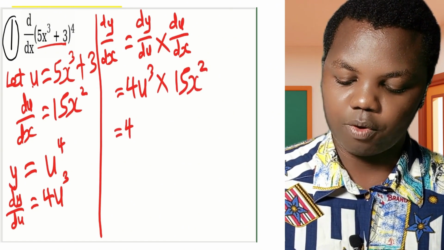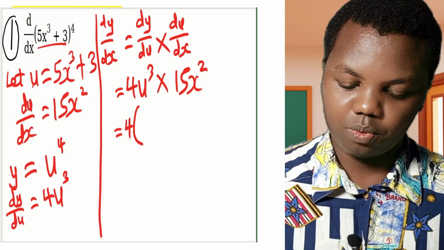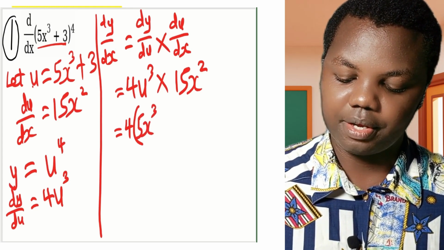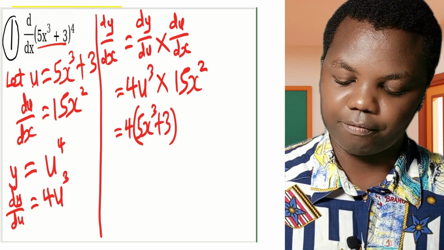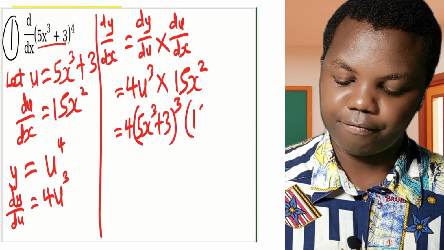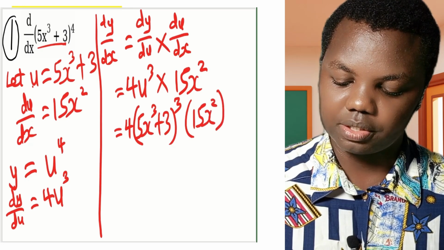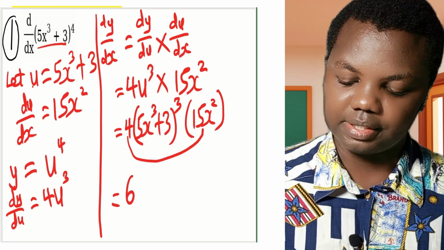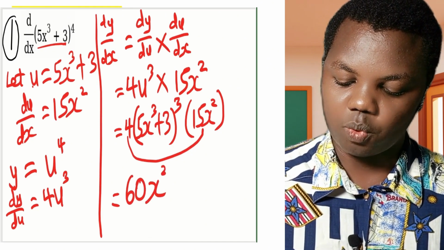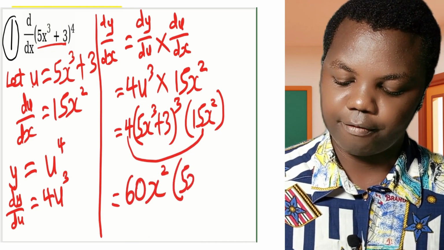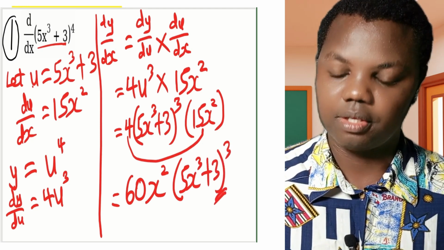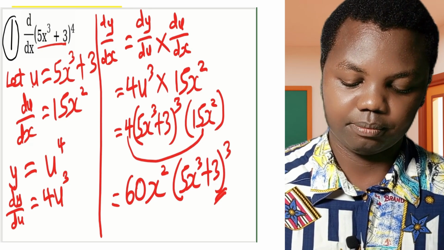So that becomes 4 into brackets, what's my u? 5x to the power of 3 plus 3, to the power of 3, times 15x squared. So let me multiply these two together, and that will give me 60x squared into brackets 5x cubed plus 3, all to the power of 3. So that's my final answer.